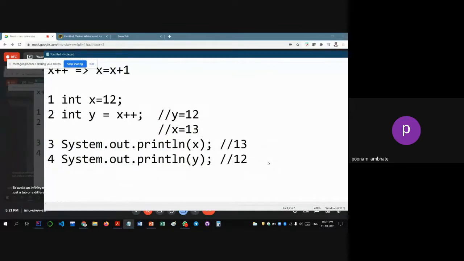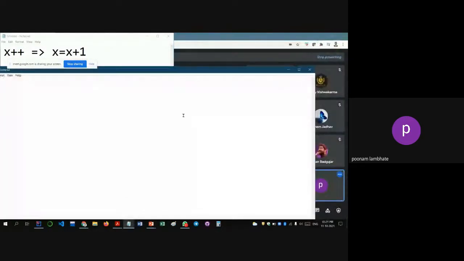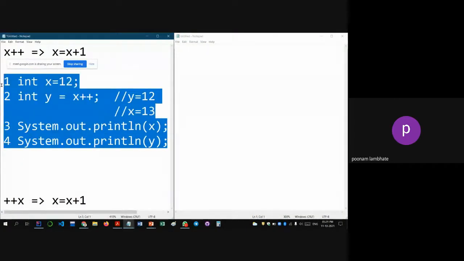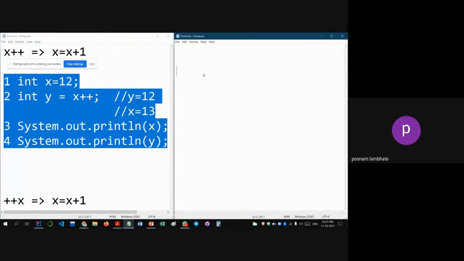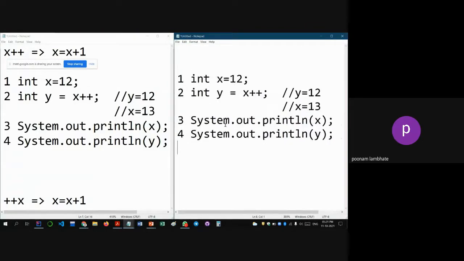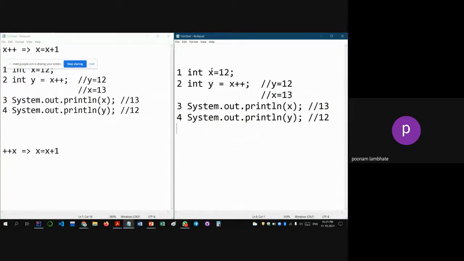See what will happen in pre-increment. You have the same number of lines. Let me place it side by side. See, now x is equal to 12 and I'm doing y is equal to plus plus x.